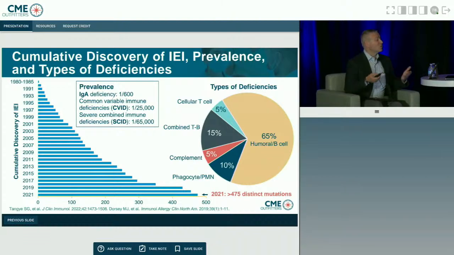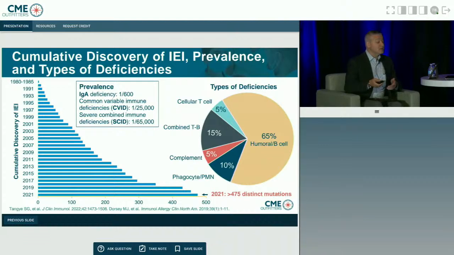infections, or GI problems. Across the world, most immunology practices have a wide variety of patients that they see, but overwhelmingly, those patients are affected by B-cell disorders, which make them susceptible to recurrent infections with encapsulated bacteria that are amenable to treatment with either oral or IV antibiotics or immunoglobulin replacement.